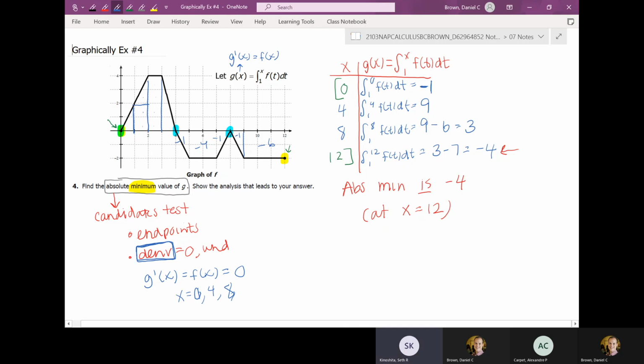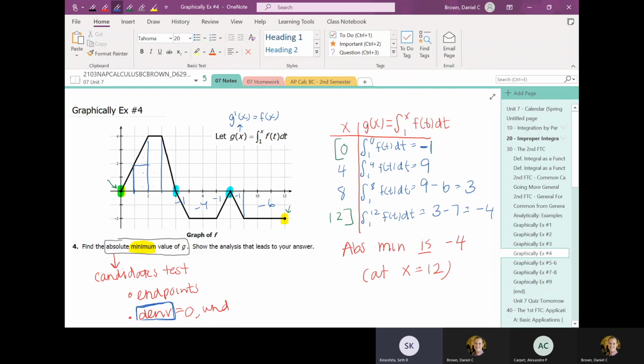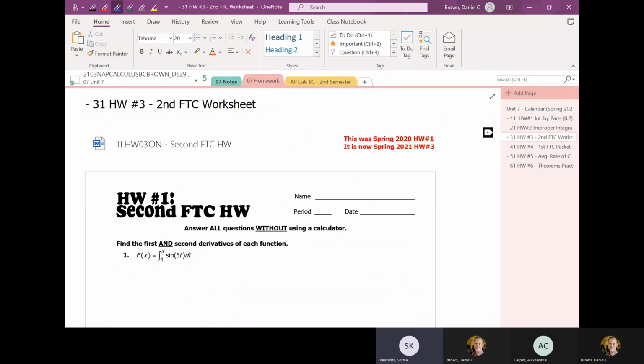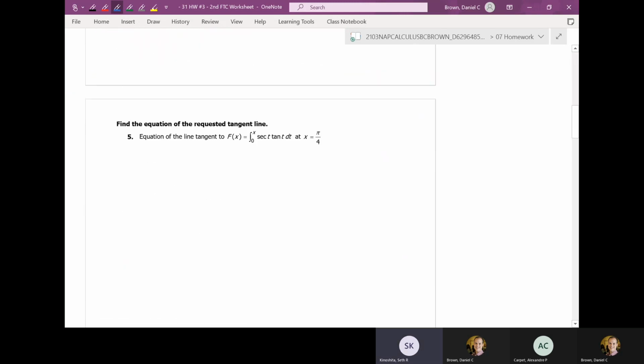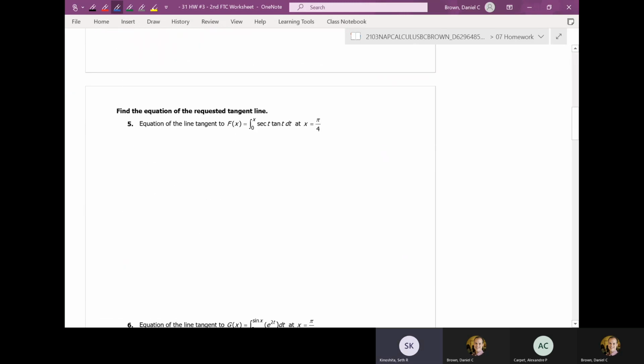So on homework 3. To find the equation of a tangent line, I know you have to find the derivative of the function. The derivative of that function is just secant of x, tangent of x. So you would know f prime of x is secant of x, tangent of x, and the slope would be f prime of pi over 4, right?